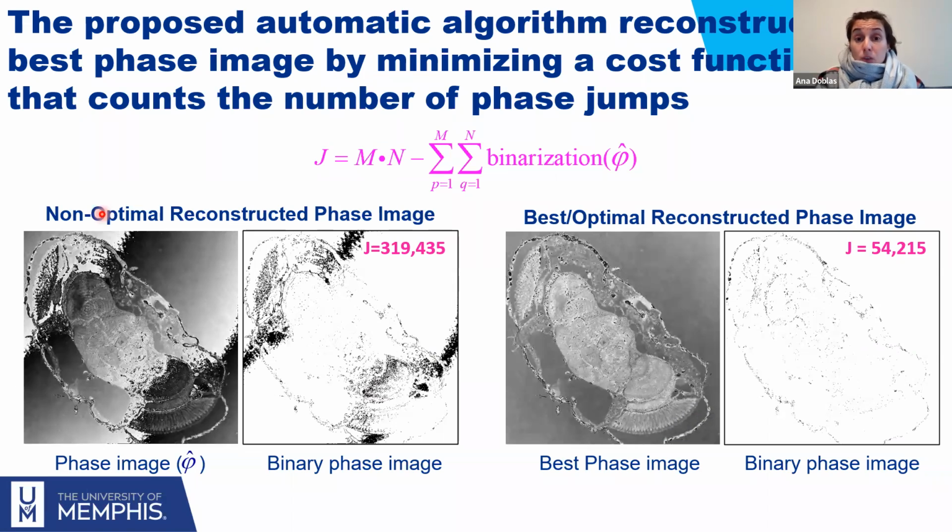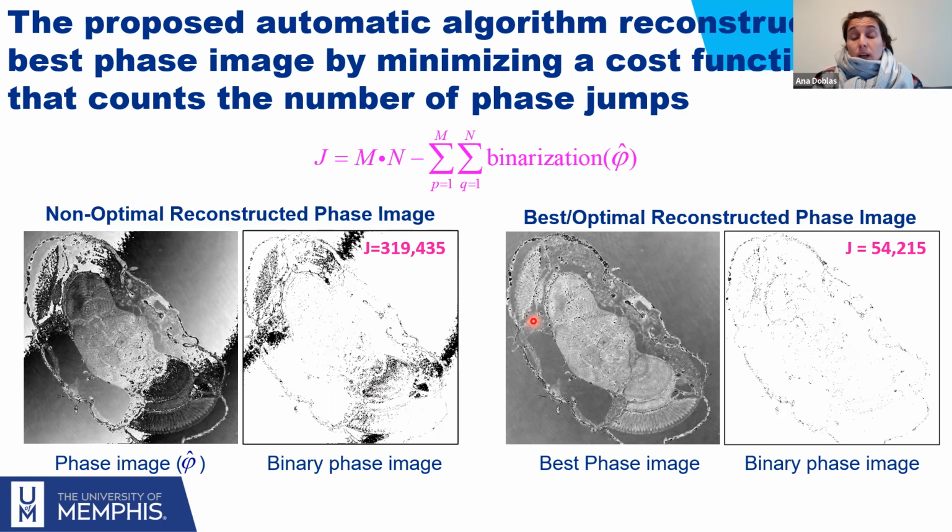And how are we going to measure that phase wrapping? We're going to measure it just with a binary image. So our reconstructed phase image is going to get binarized, and we're going to count how many pixels. Ideally, we don't want any phase wrapping. All the pixels in the image need to be 1, right?